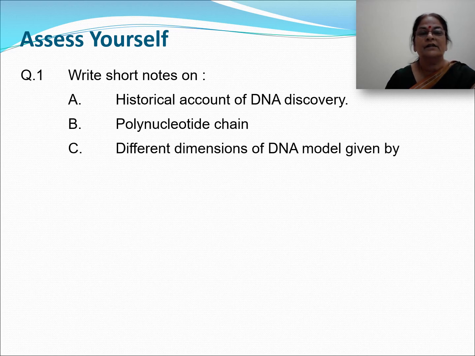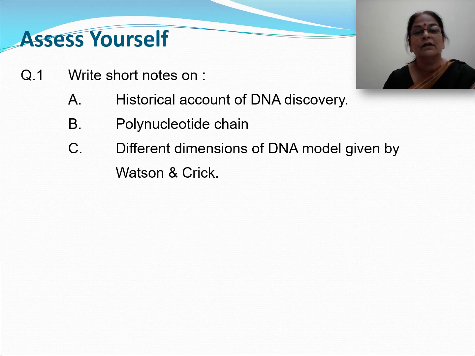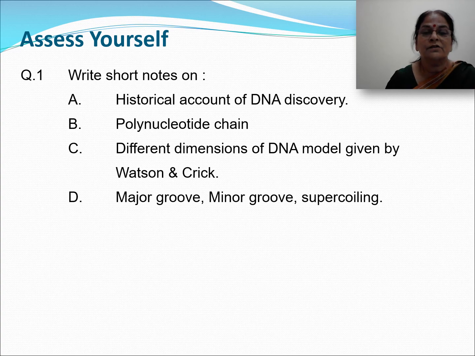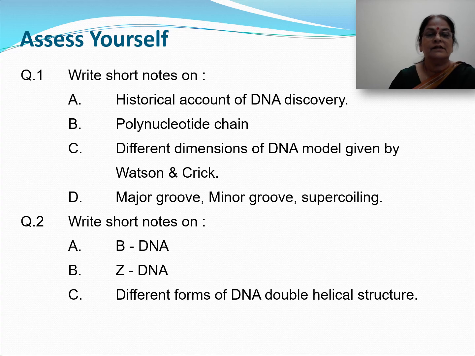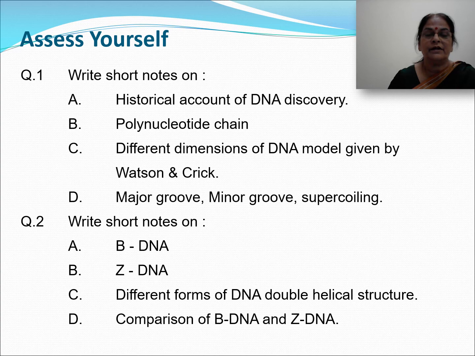You can write different dimensions of DNA model, where we will give topography. Major groove, minor groove, supercoiling. Again, bDNA, zDNA, different forms of DNA, double helix, comparison of bDNA and zDNA.